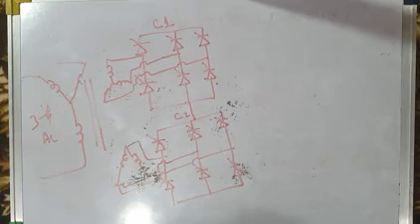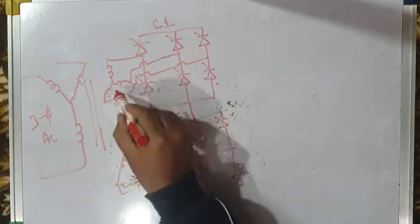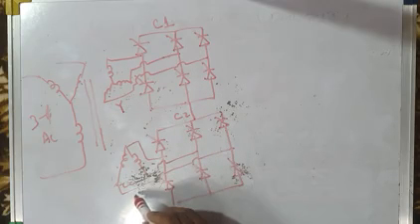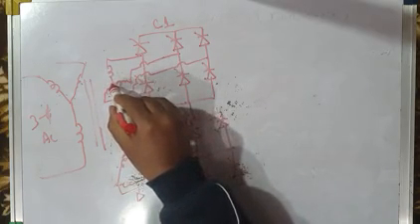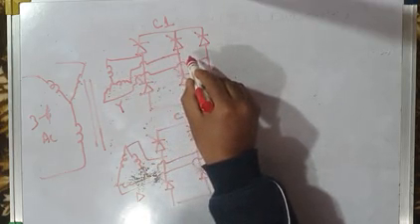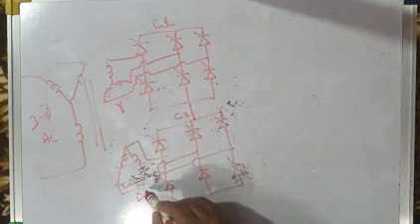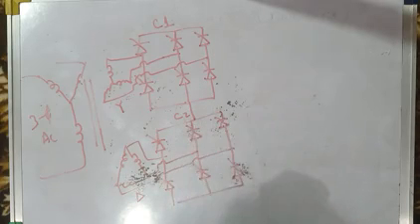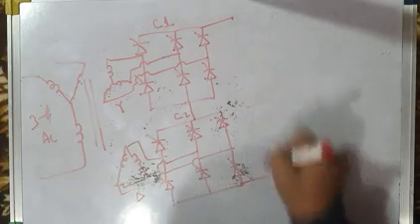The primary winding may be Y connected or star connected, and it has two secondaries. One is Y connected, another is delta connected. This Y connected secondary winding feeds converter C1, which is a 6-pulse converter, and this delta connected secondary winding feeds another 6-pulse converter C2, and output is available across these terminals.